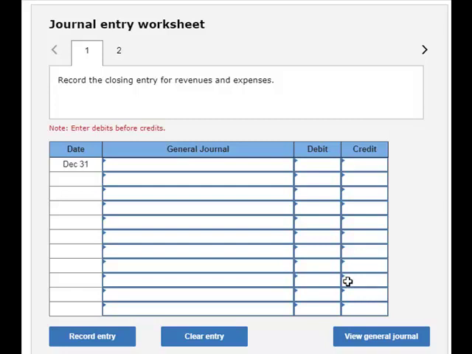So what we're doing essentially is we're transferring the dollar amount of net income into retained earnings. In fact, that's how net income gets into the retained earnings account, is through this closing entry. And crediting retained earnings increases the account, which in fact is what net income does.